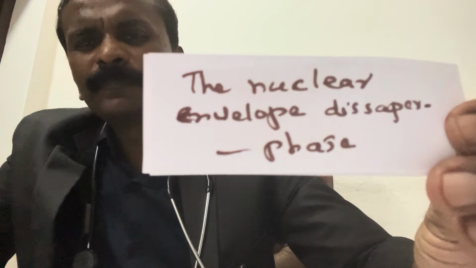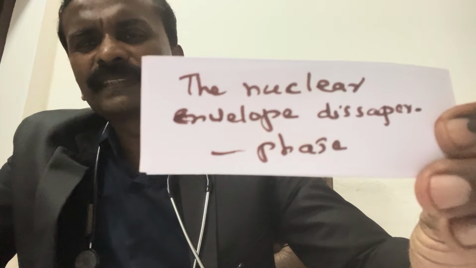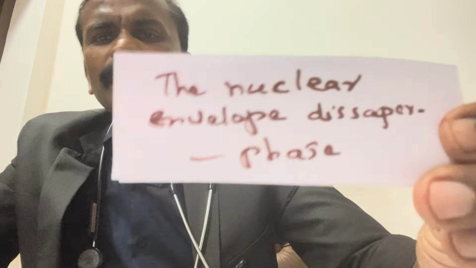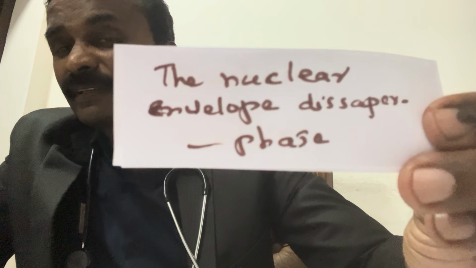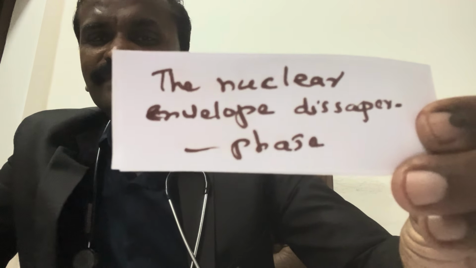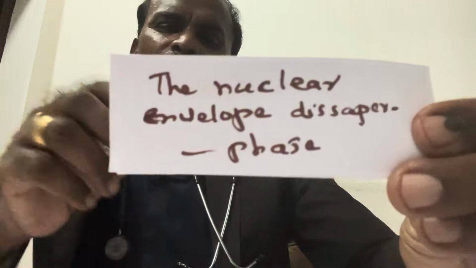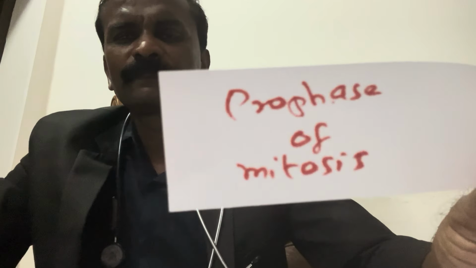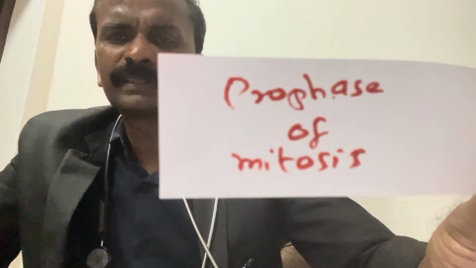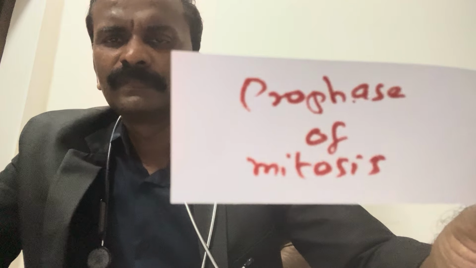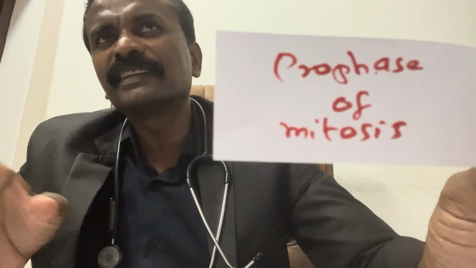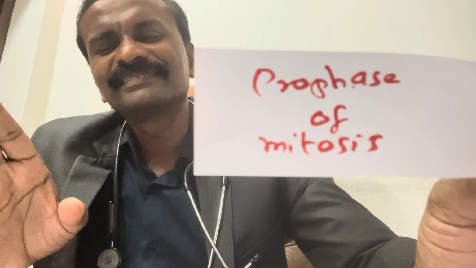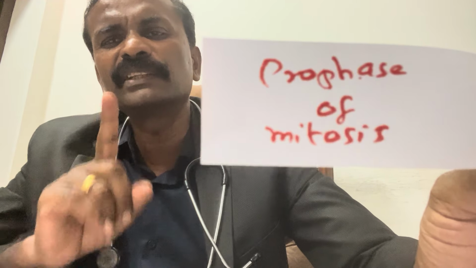Nuclear envelope disappears in which phase? I am talking about disappearing. Prophase of mitosis. So you have to memorize what things happen in prophase of mitosis. For that you have to watch this video 7 days continuously.